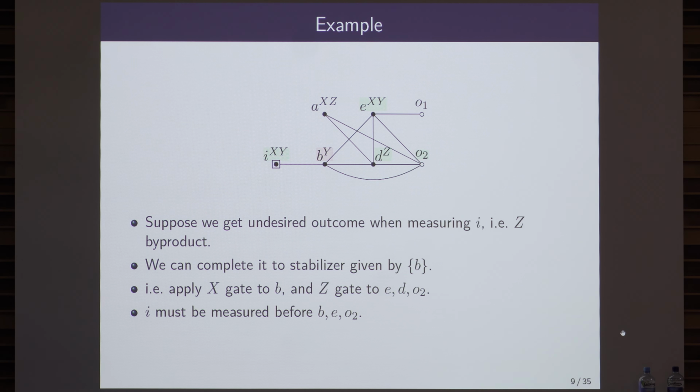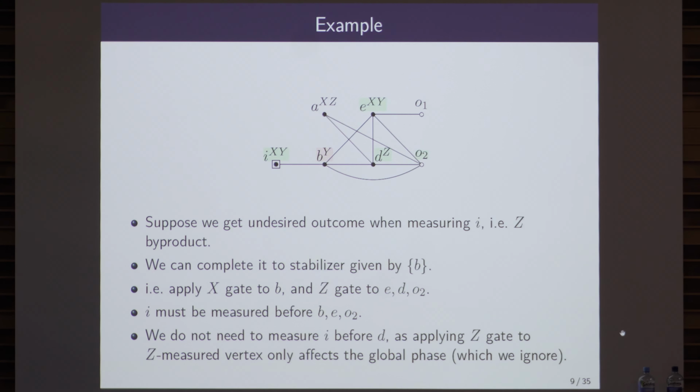However, there is one more thing here that we must focus on, and that is in order to apply those gates to those 3 qubits E, D, and O2, we must necessarily be able to apply them, meaning that those qubits physically exist, for example. So, for example, they were not measured before. And because of that, I must necessarily be measured before B, E, and O2.